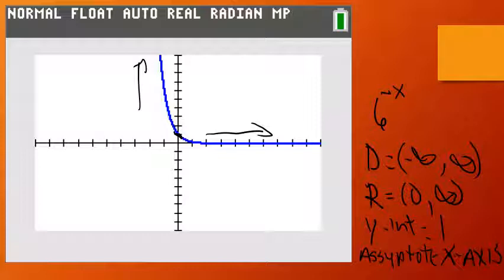That takes care of domain, range, intercept, and any asymptotes. Now, what about our end behavior?